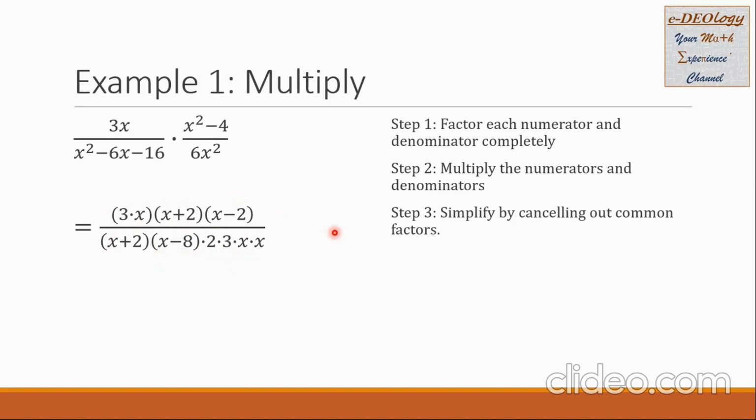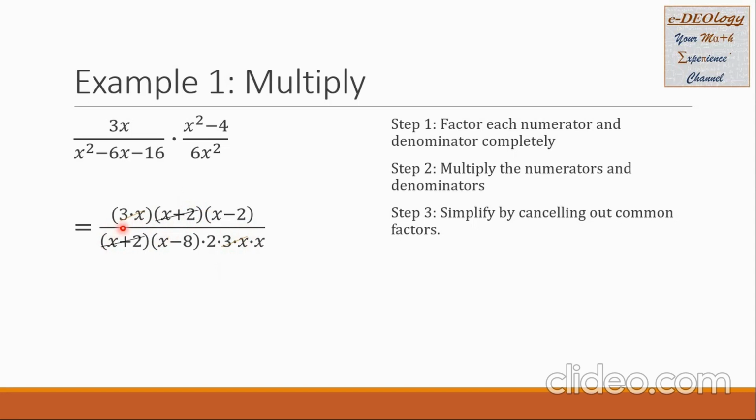And then step 3, we're going to simplify by cancelling out common factors. The 3 times x here, we can cancel out with this 3 times x here. The x plus 2, there is a counterpart of x plus 2 in the denominator. So we can cancel those terms.